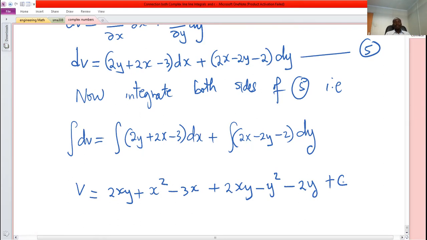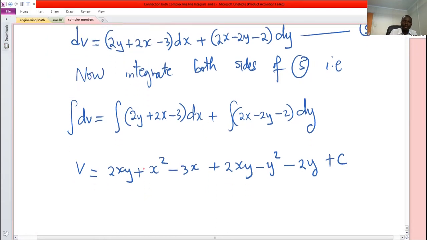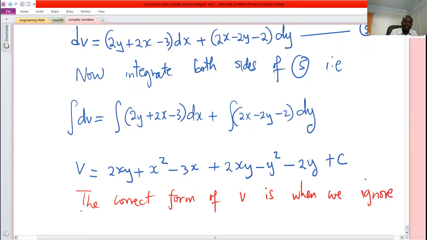But then when you are doing such kind of problems, if we have carried out the integral in these two parts and there are terms which are repeating themselves, then you have to ignore those repetitions. So to get the correct form of v, the correct form of v is when we ignore repeated terms.